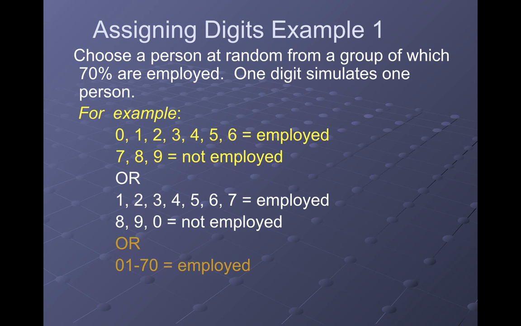I could say 01 to 70 represents employed, and 71 to 00 represents not employed. The point is, whether you use 1-digit, 2-digit, or 3-digit numbers, as long as 70% of the possible combinations represents employed and 30% represents unemployed, that is a proper example of setting up a simulation.